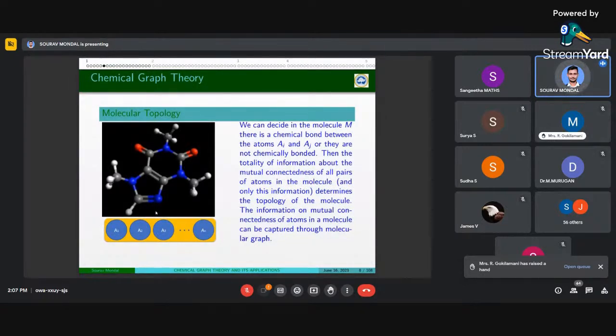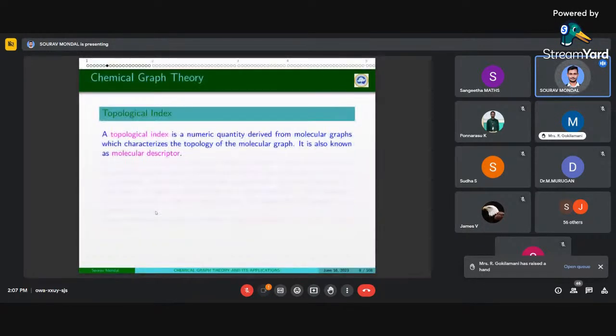To connect molecular topology to such molecular properties, the information contained in the molecular graph must be converted into numerical form, and the topological index makes such a conversion. It is a numeric quantity generated from molecular graphs by some algorithms, which characterizes the topology of the molecular graph.